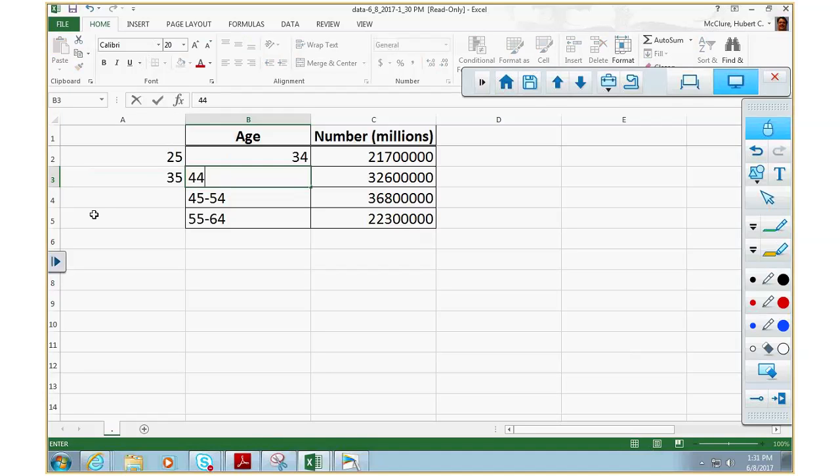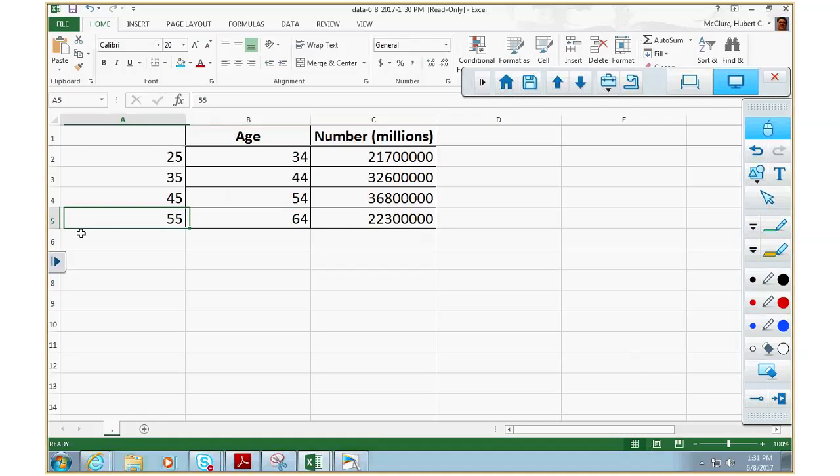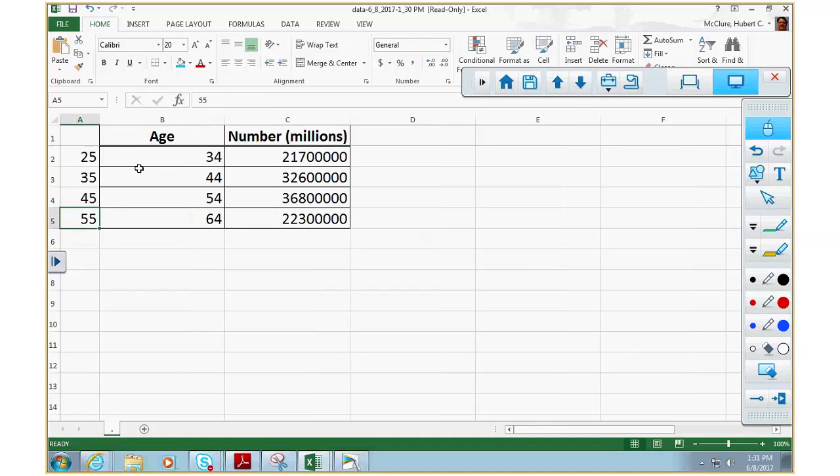So don't worry about it if you're not an Excel person. Just like you can't plug in your calculator 25 to 34 and get a midpoint. You have to type in 25 and then you have to type in 34 separately. That's why I'm making an extra column. You're used to that because that's the way I did the other problems.